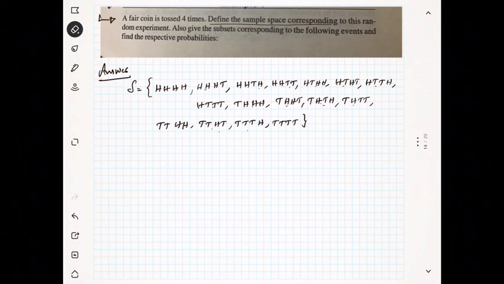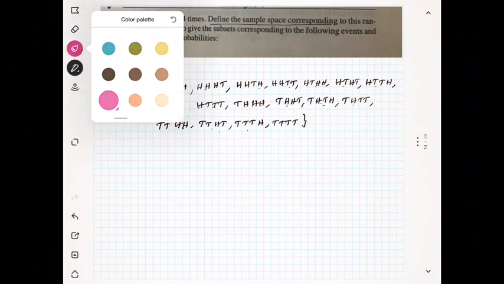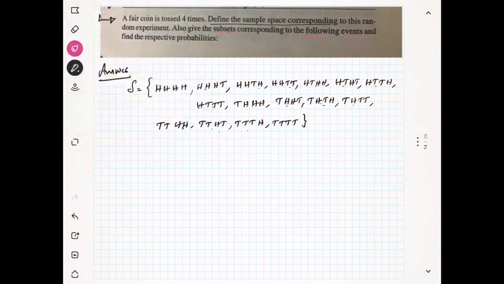The next part is also give the subsets corresponding to the following events and find the respective probabilities. So the first part is to find the sample space.